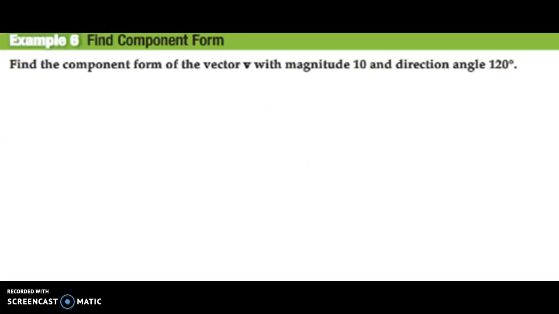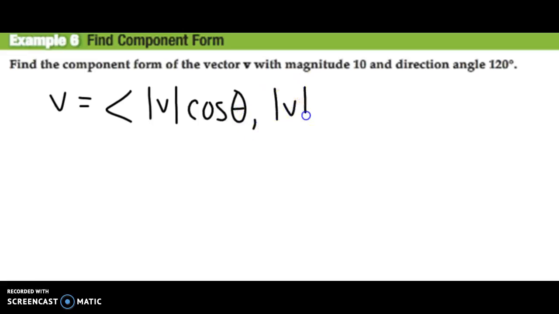So let's look at an example where it says find the component form of the vector v with magnitude 10 and direction angle of 120. Well, we just saw that anytime you have some vector, its component form was always written as the magnitude of v times the cosine of my angle, and then the magnitude of v times the sine of my angle was the y component.